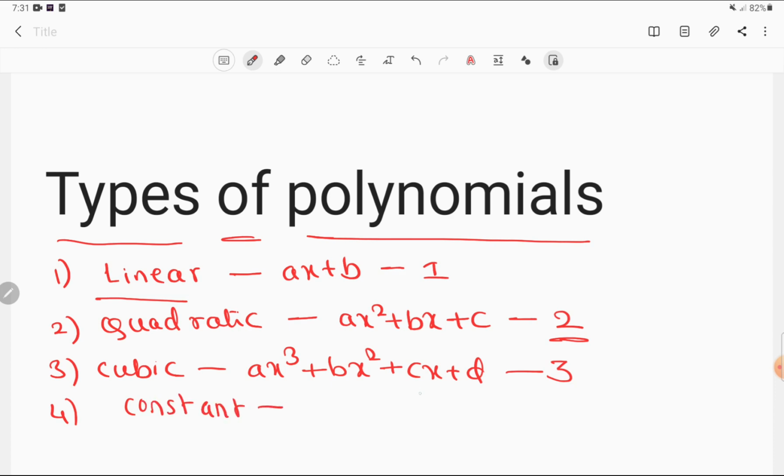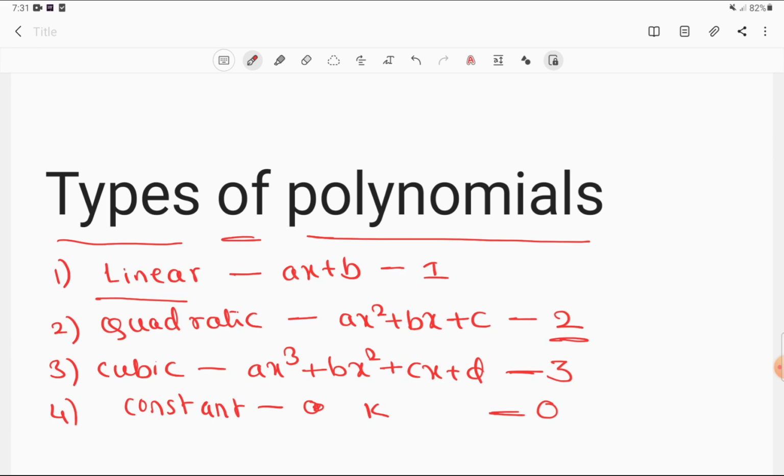A polynomial that has 0 degree we call a constant polynomial. It is denoted by k. A constant polynomial has only a number, it does not involve a variable.